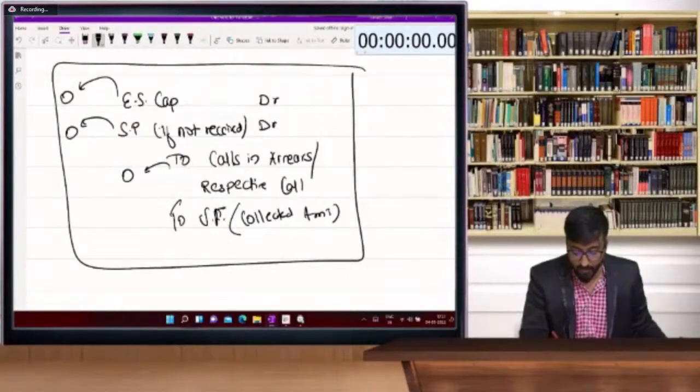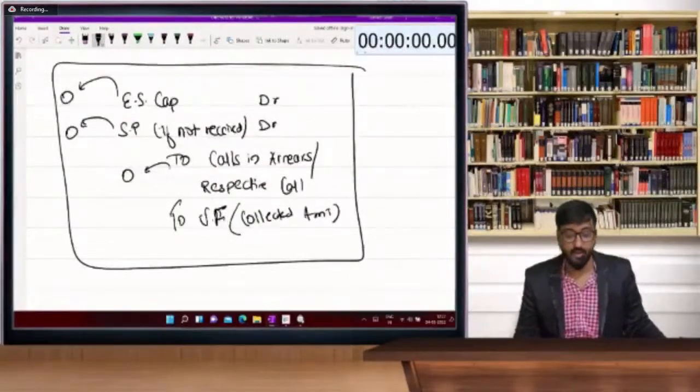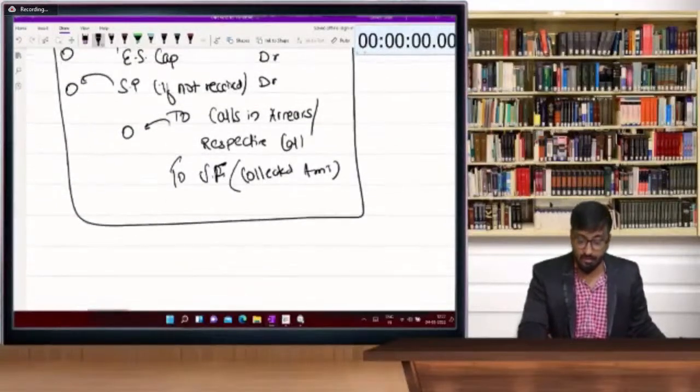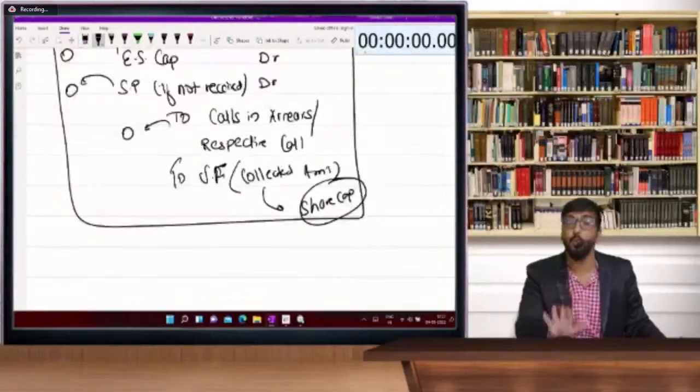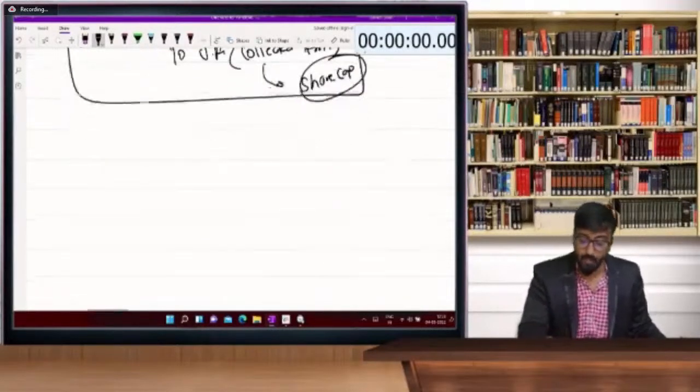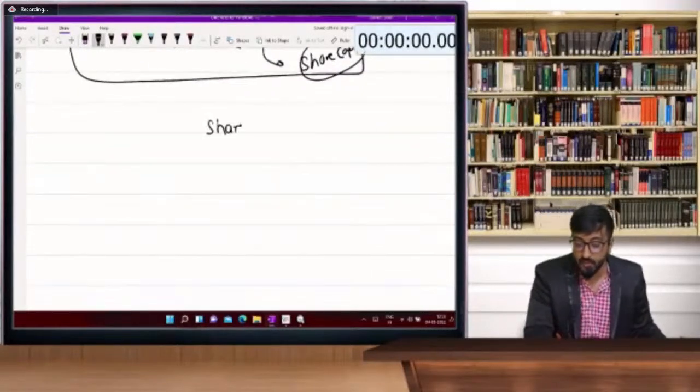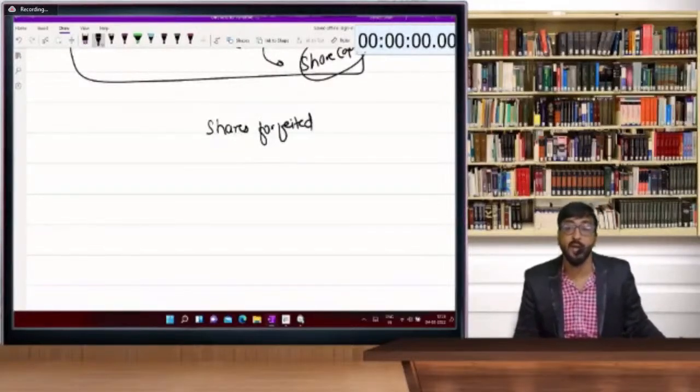Shares forfeited. This is shares forfeited. Collected amount. Now see, this is shown under the head share capital. So this is story up to forfeiture. Now what to do with shares forfeited balance? What do you mean by shares forfeited?